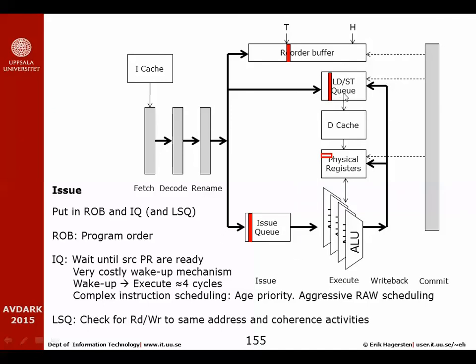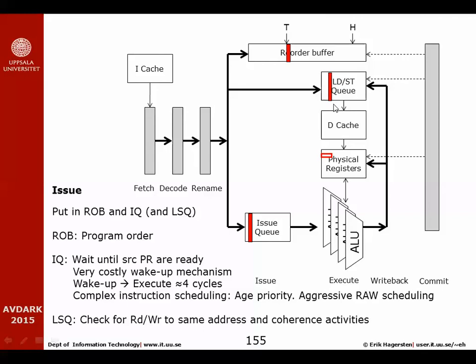And then you have the load store queue. In the load store queue you have loads and stores sitting there, and what you check for is whether some loads and stores are for the same address. You can't statically figure that out, because you have to calculate the address before you can figure out if there is some kind of dependence between those instructions.